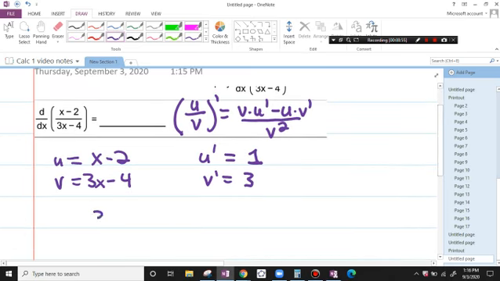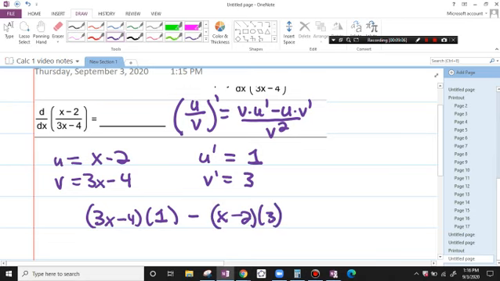V, 3x minus 4, times the derivative of u, which is 1, minus u, x minus 2, times the derivative of v, which is 3, all over v squared, 3x minus 4 squared. At this point, we're just trying to figure out how much MyMathLab is going to take and how much we need to simplify.